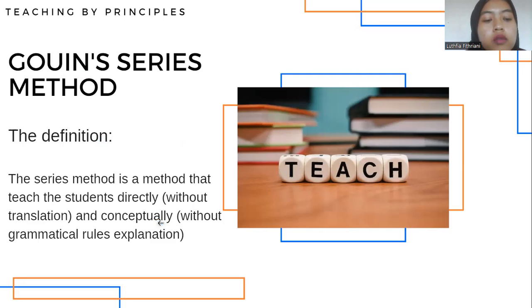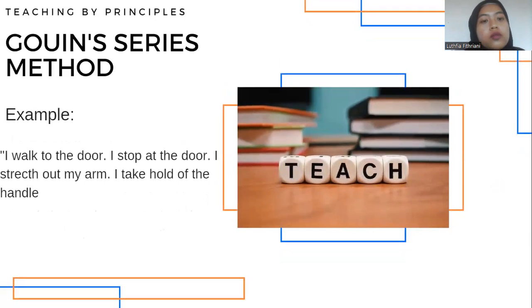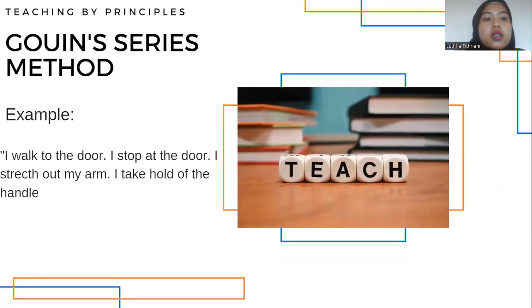without grammatical rules explanation. So the series method can be done by giving the student simple instruction sentences that are easy to receive. For example, the teacher will say these sentences to the student, and the student should repeat and practice the instruction.